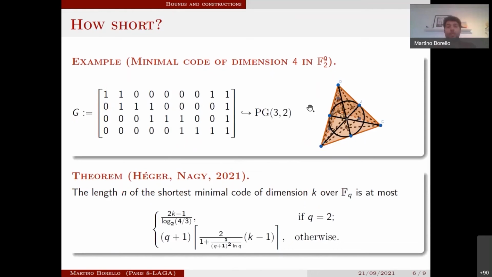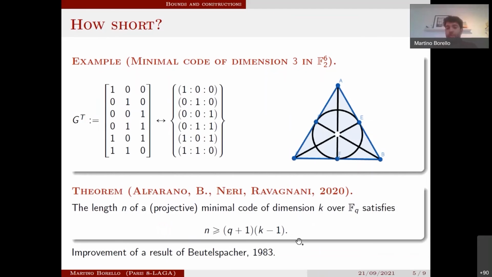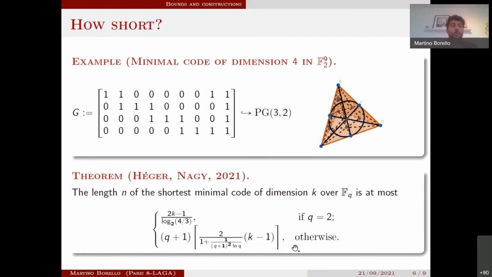As an example, here we are considering PG(3,2), and you can prove that the shortest length of a minimal code of dimension 4 is 9. This is also in line with the bound proved before. But the natural question is, how can we construct short codes in general for all dimensions and all q?